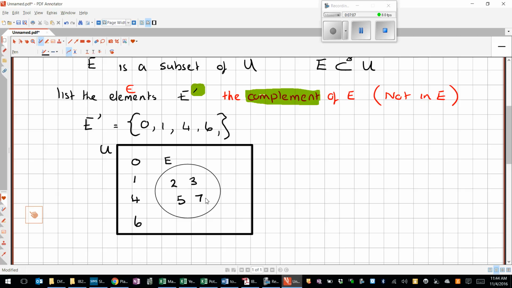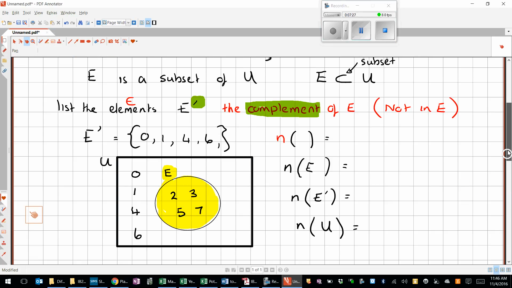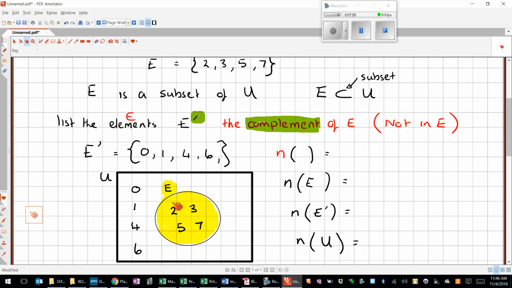And then we've got to answer the questions. Okay, so just to highlight, E, what's in the circle, should be what was given to us as set E to start with.